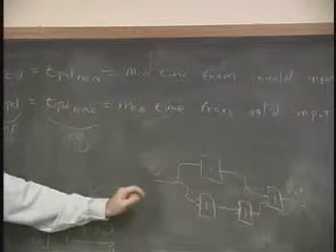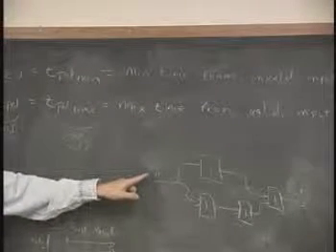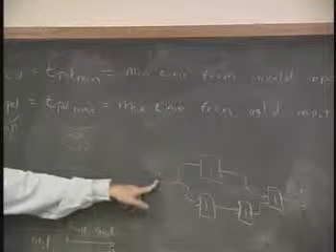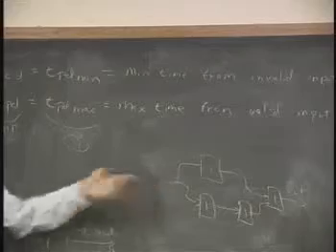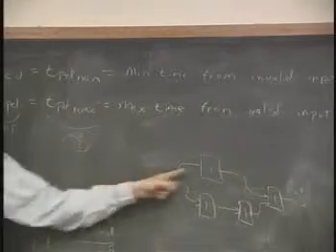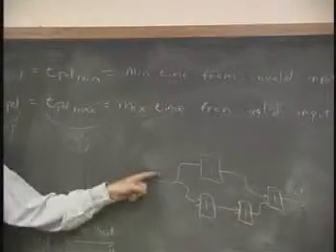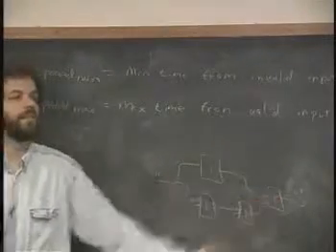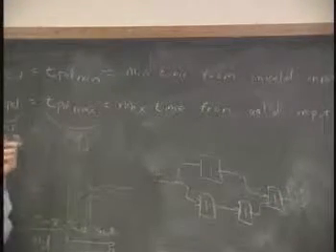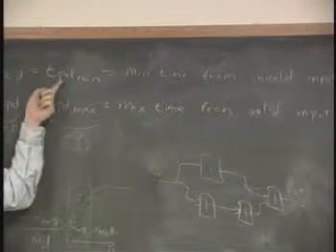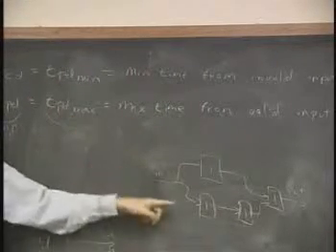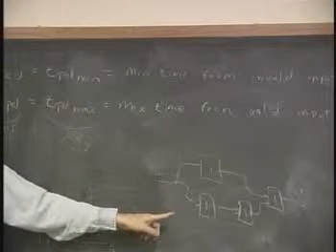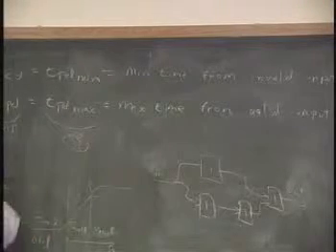How long does it take for a contamination or any kind of value here to go from in to out? Well, the minimum time it takes is 1, 2. The maximum time it takes is 1, 2, 3. So that would indicate that TPD min for a circuit like this is 2, and TPD max for a circuit like this is 3. Which is absolutely true.